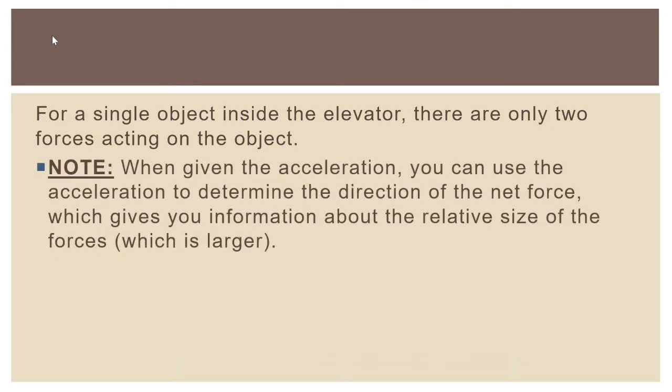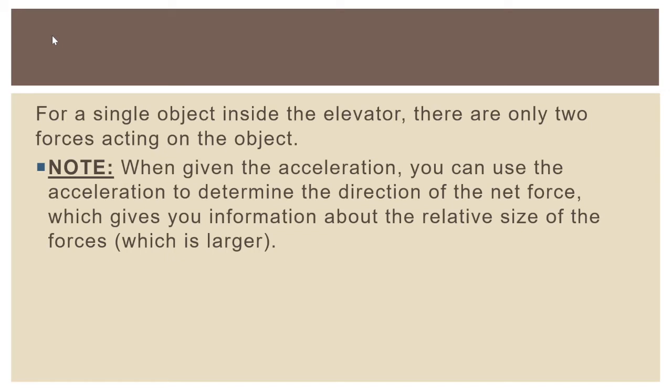When you're given the acceleration, you can use the acceleration to determine the direction of the net force, which gives you information about the relative size of the forces. In other words, which one is larger. If you know the acceleration is up, then you know the net force is up. And if the net force is up, the upward force has to be bigger than the downward force. The converse is true.